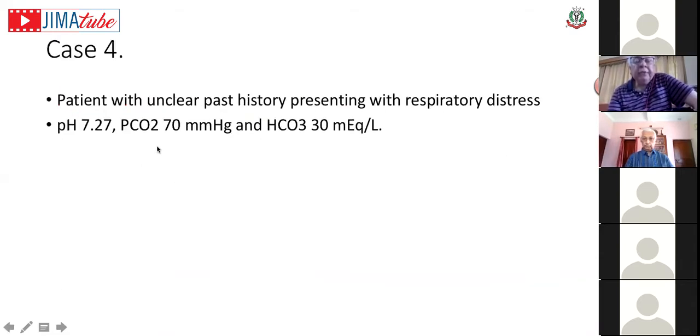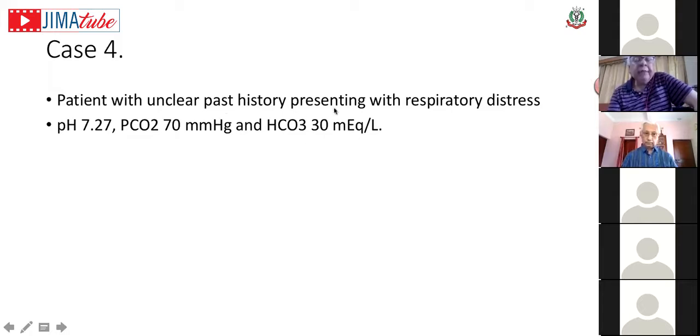There are three possibilities, and without knowing the patient, you won't be able to say: is this simple acute respiratory acidosis with metabolic alkalosis? Or is it chronic respiratory acidosis with metabolic acidosis? Or acute on chronic respiratory acidosis?